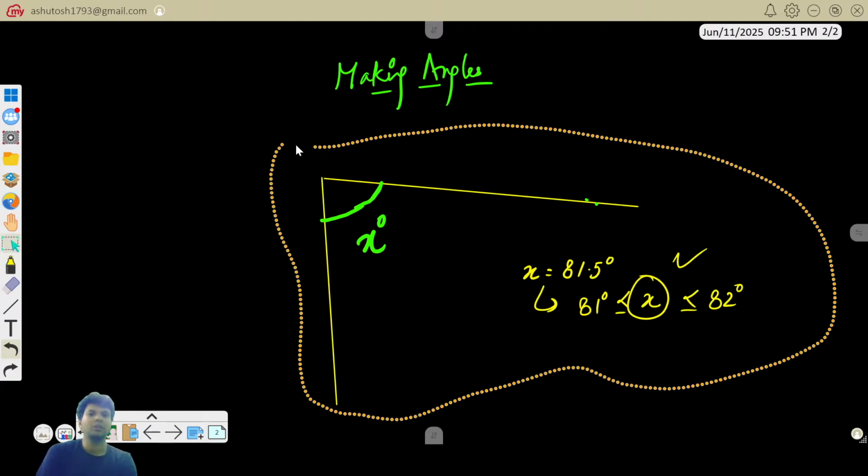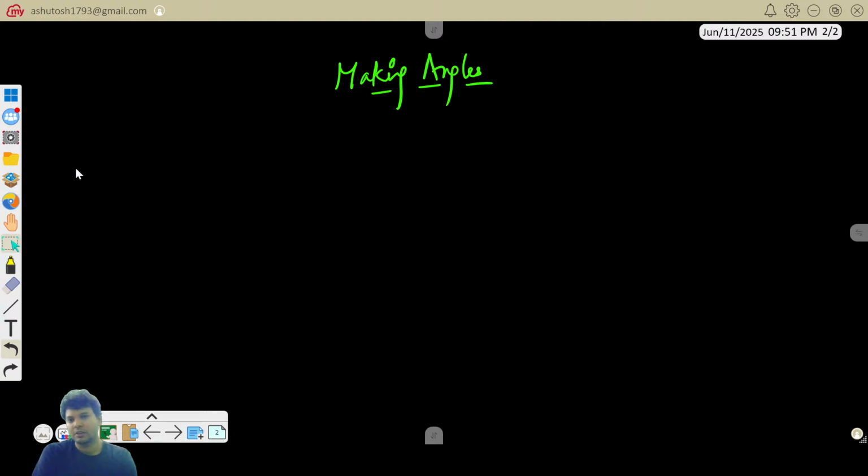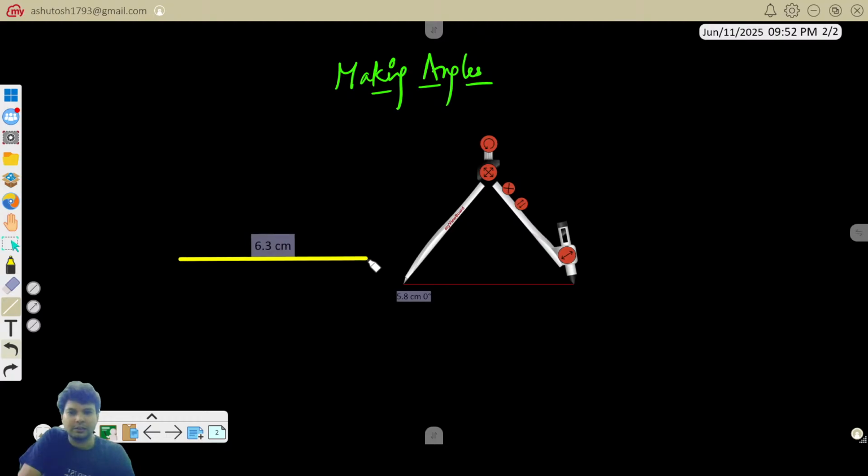So now we are going to, with the help of a compass, actually make some angles. Acha, before we make something with a compass, let's first of all draw a line segment.